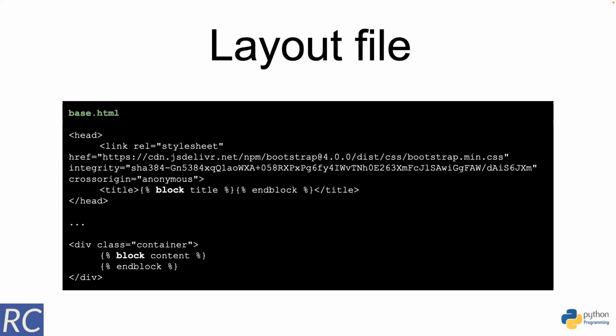Jinja 2 is a templating framework inside the Flask library that we are using. It by default uses Jinja 2. There are many others, but it's basically nothing but some special syntax that you can use to render the template. Block is just one of them.